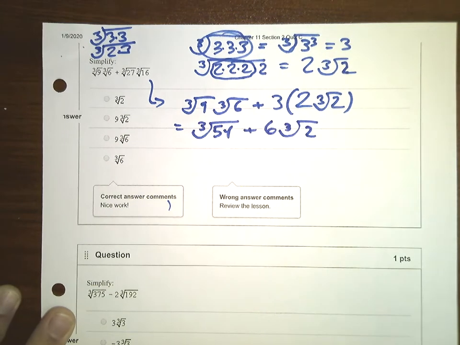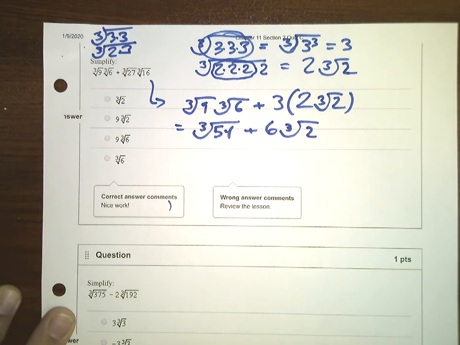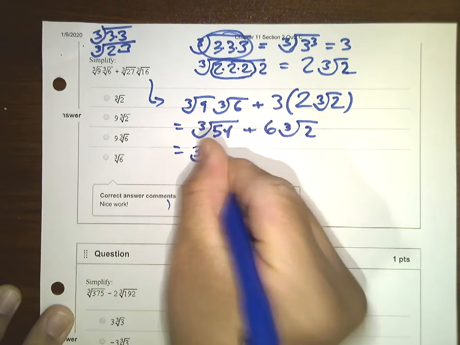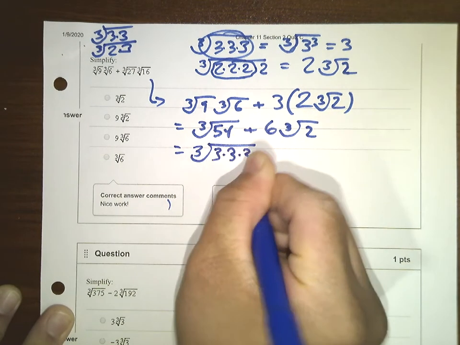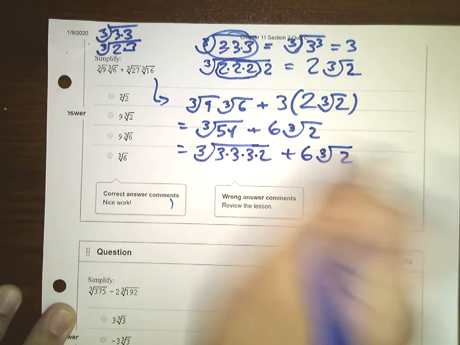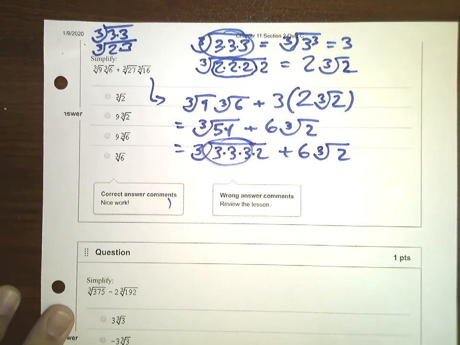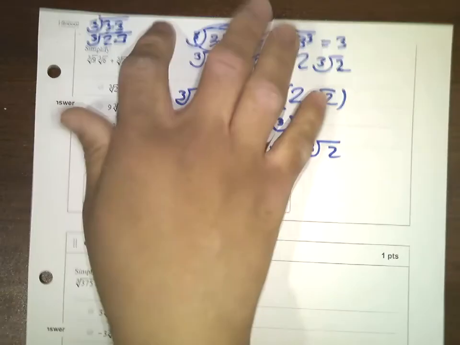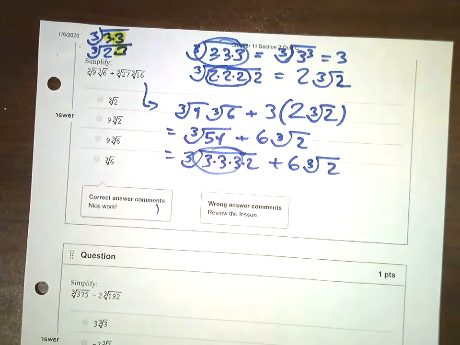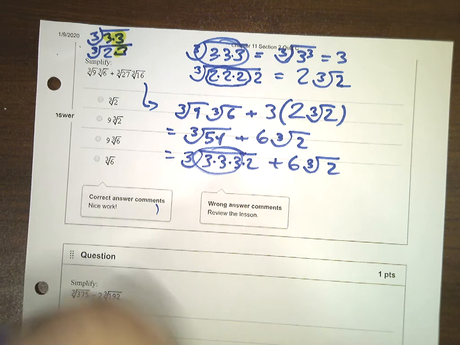Well, now if I look at this, I might be able to do something, because the cube root of 54, well, that is the cube root of 3 times 3 times 3 times 2, and plus 6 cube root of 2. And now I see I do have a group of 3 3s here, and I could have saw that up here when I broke down the 9 and the 6 separately, that there was 2 3s and there was 1 3, all right? So I actually did more work by multiplying it and making it 54 first.